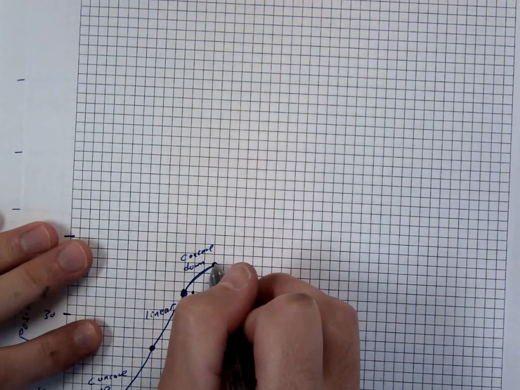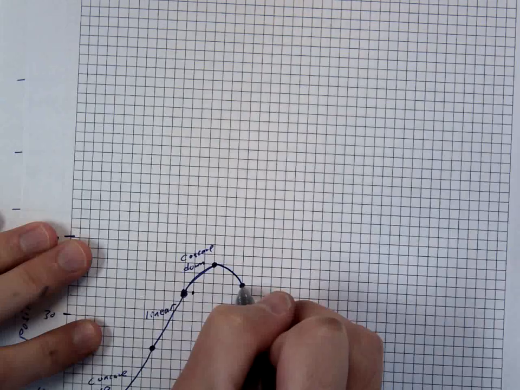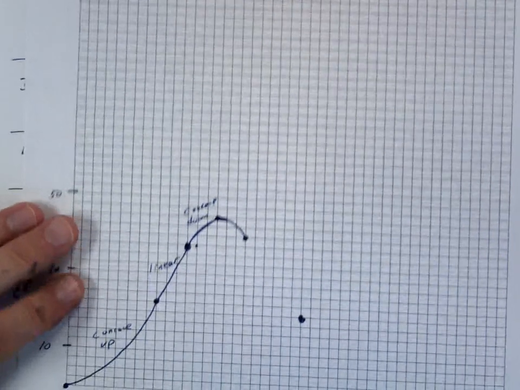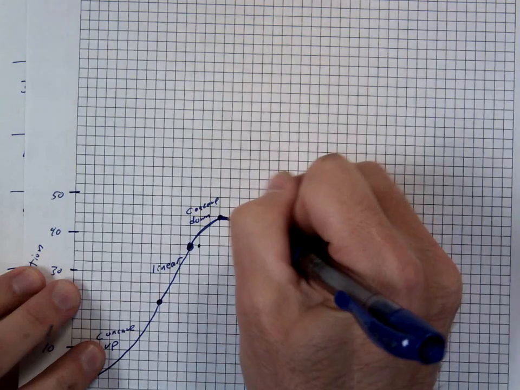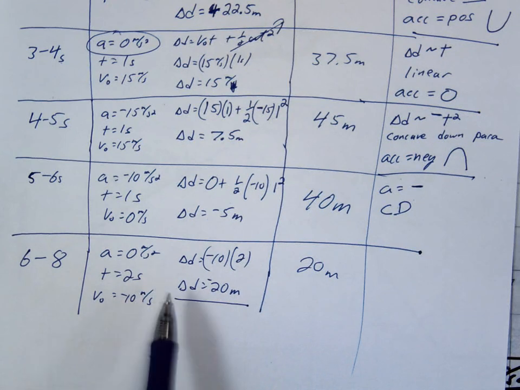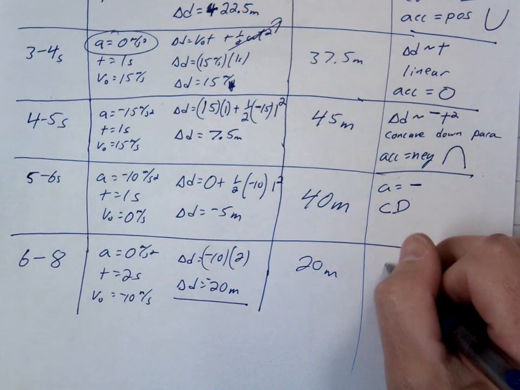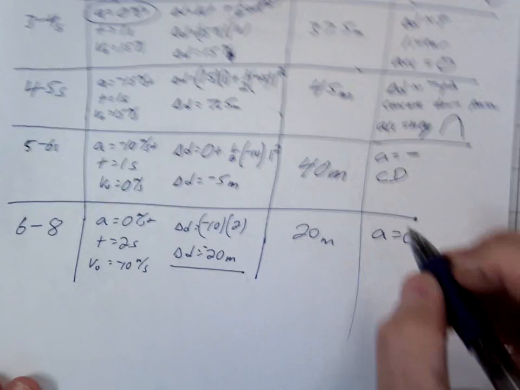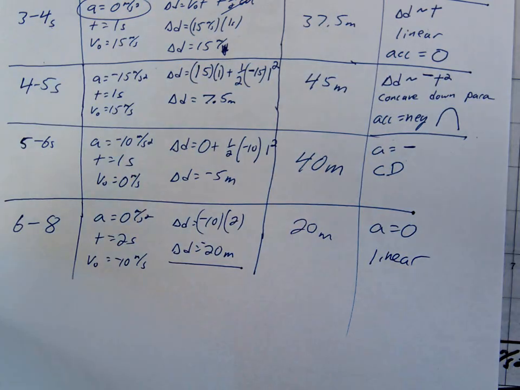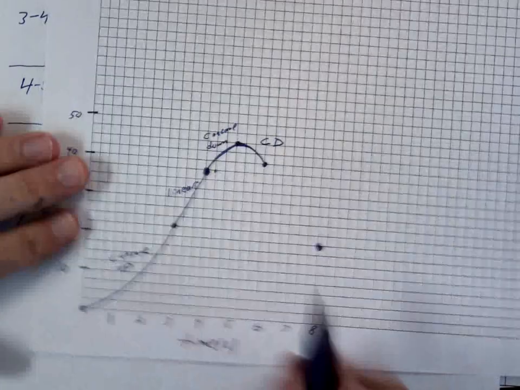This one's going to look like this. Concave down. That structure. This is CD. And then lastly, this was an a equal to 0. What kind of graph? Linear graph. So for the very last one, we're just going to connect this by a line.